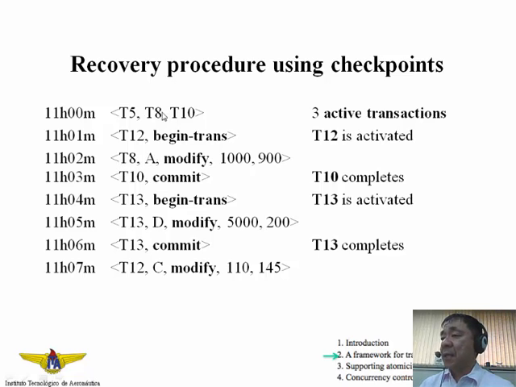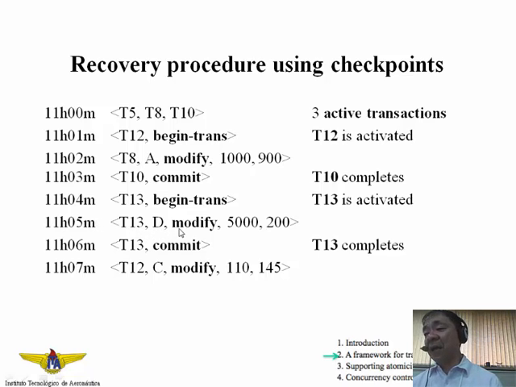At 11:02, transaction 8, which is one of the active transactions, modified the record A from 1000 to 900. At 11:03, transaction 10 committed. So in this case, transaction 10 completed, and you have to record that information. At 11:04, you have the beginning of a new transaction, transaction 13.